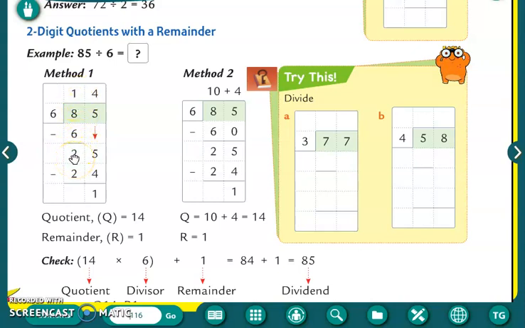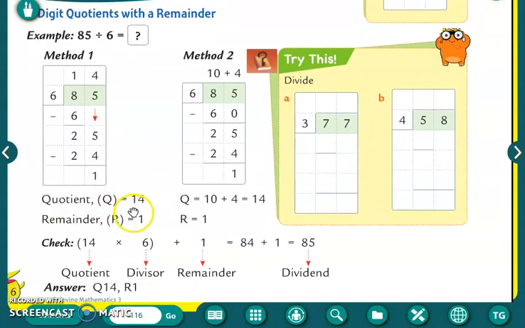Here 2 remaining, and we will take the 5 with 2. So 25 is the number, and in the table of 6 we have to write 6 fours are 24. So 25 minus 24, remainder will be 1. So quotient is 14, remainder is 1.